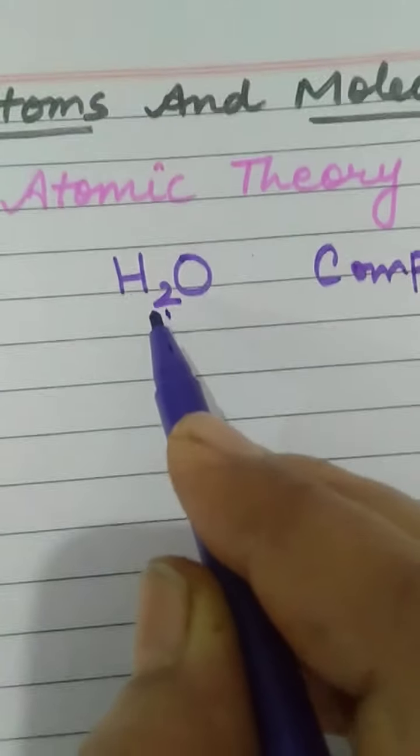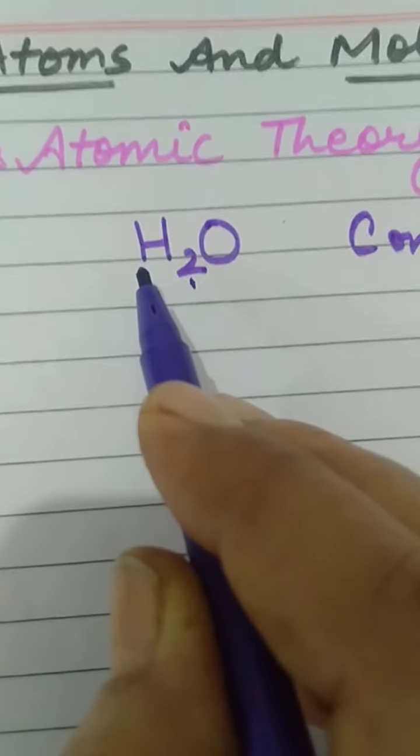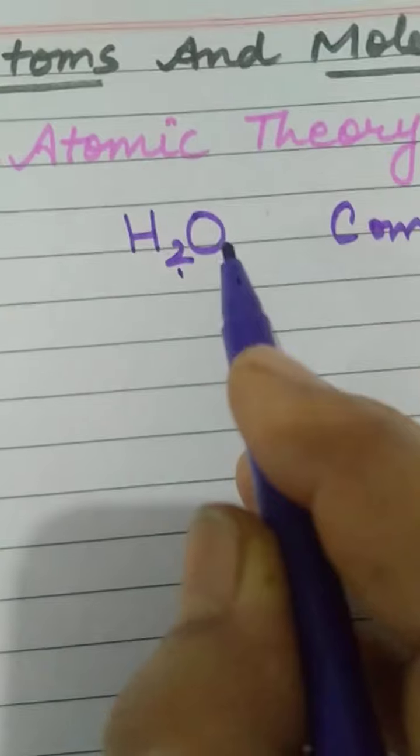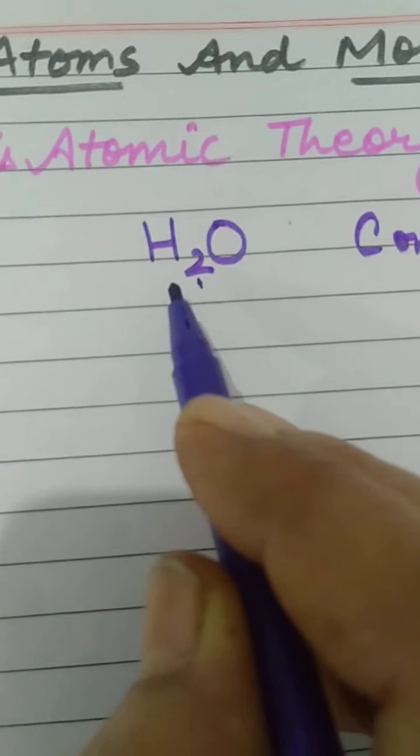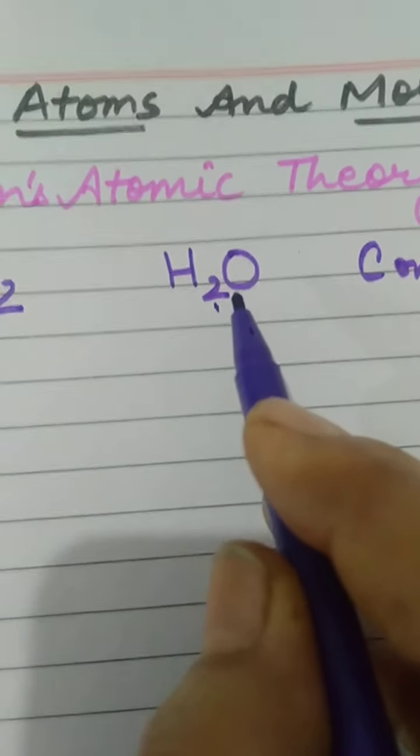Like I told you, water will be formed only when two atoms of hydrogen combine with one atom of oxygen, in ratio 1:8. So that was explained by Dalton's theory. So there are 6 postulates, students.